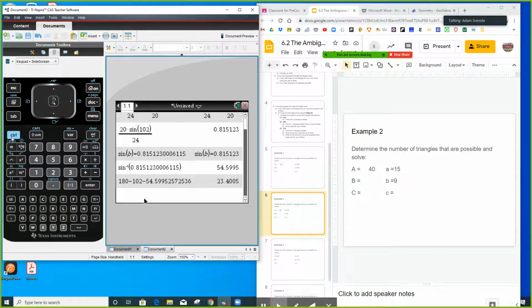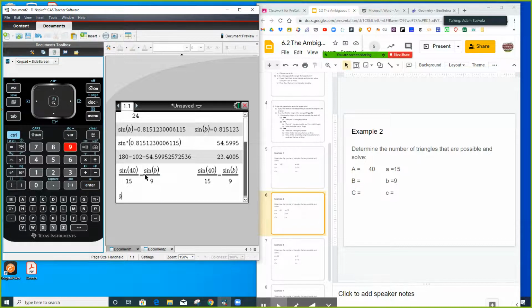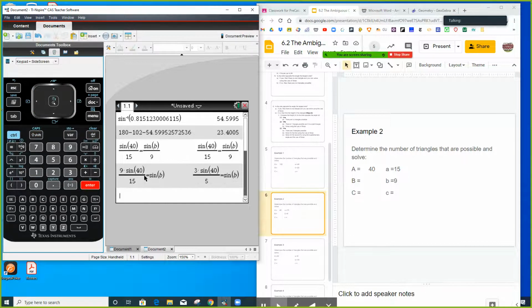All right, so we had the sine of 40 over 15 equals the sine of B over 9, by looking at the picture. And then we're going to cross multiply. So we'll do 9 times the sine of 40 equals 15 times the sine of B. Then we're going to divide both sides by 15, and I should put that as a decimal.